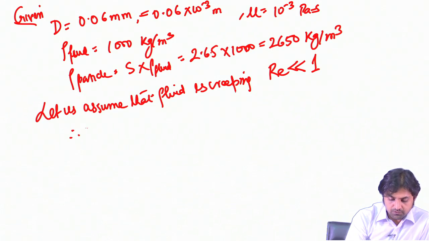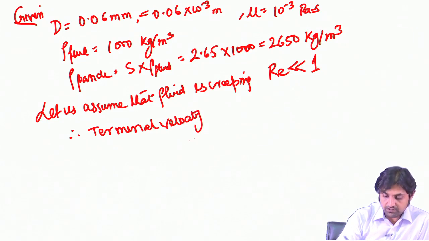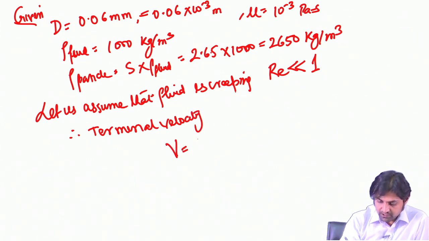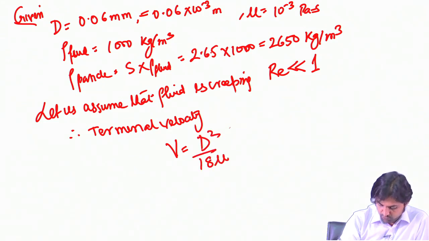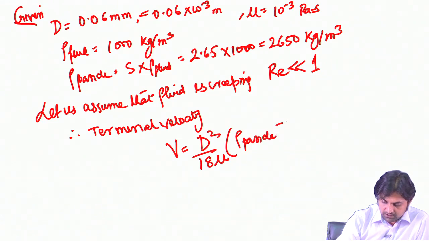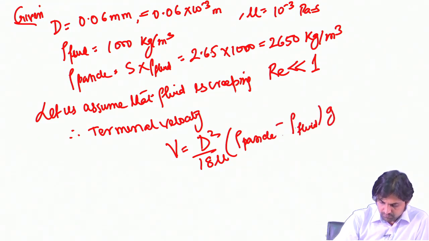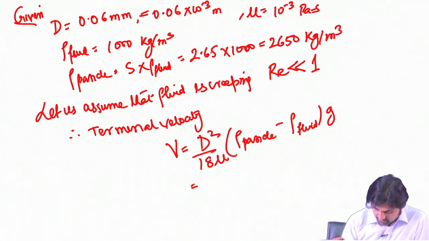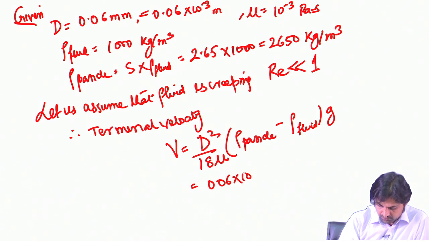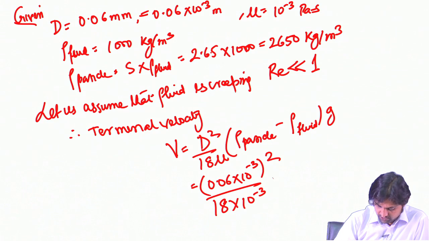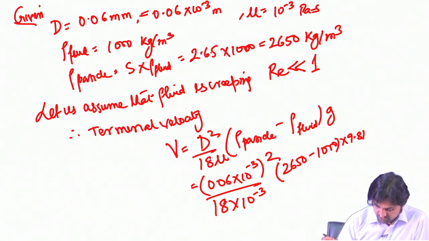Okay, therefore the terminal velocity V, as we have derived, is written as d square by 18 mu into rho particle minus rho fluid into g. This is 0.06 into 10 to the power minus 3, whole square, divided by 18 into 10 to the power minus 3, into 2650 minus 1000, into 9.81.